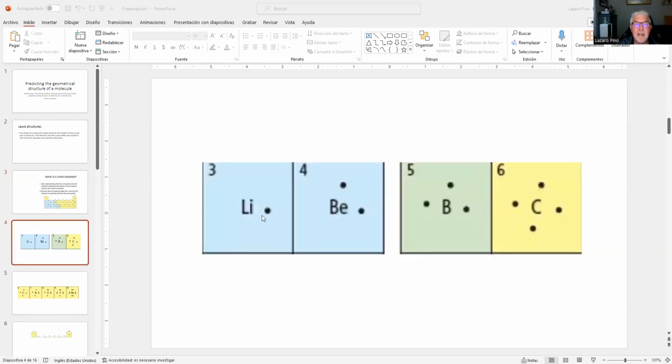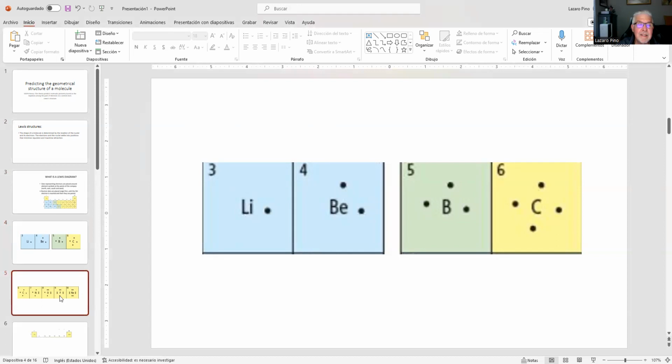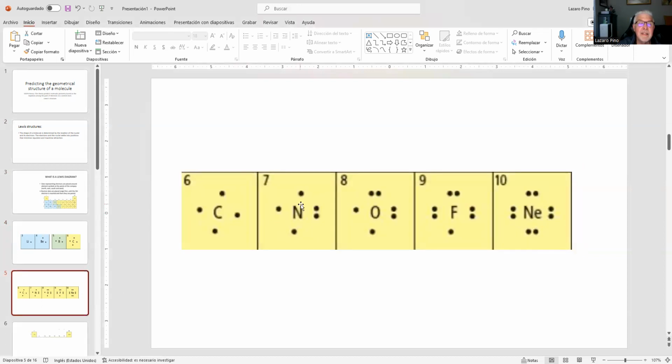Look at this, lithium 1, beryllium 2, boron 3, carbon 4. Until this moment, I represent one dot on each side of the element. But what happens when we have more than 4 valence electrons? Well, in this case, look at this.